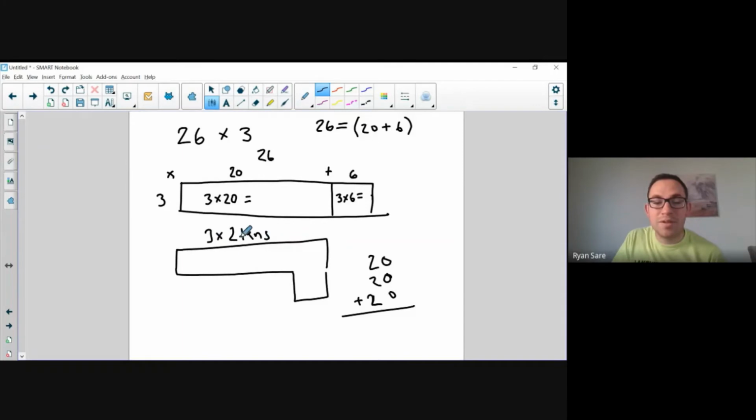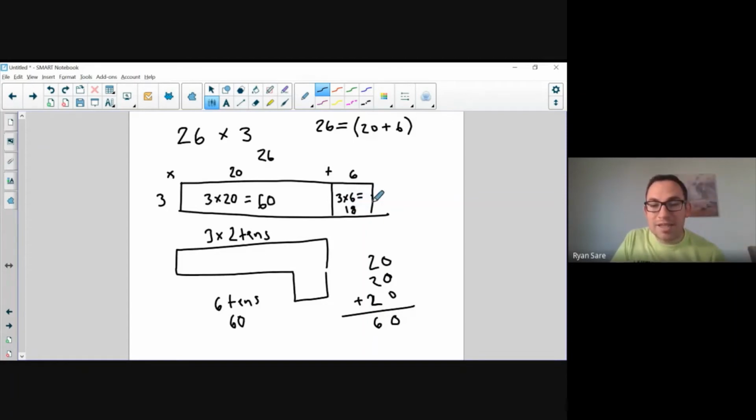And that would be 3 times 2 is 6 tens, or 60. Or we could do it this way, repeated addition: 0 plus 0 is 0, 2, 4, 6. We're adding our tens together. We get 60. So 60, and then 3 times 6, we know this, 6, 12, 18.